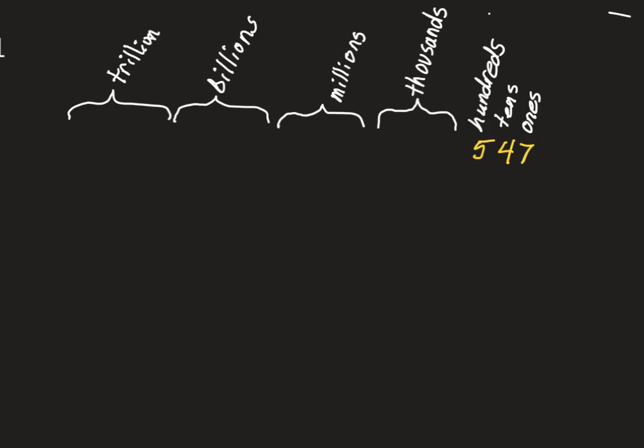Okay, and that's in the hundreds place, the tens for the 40, and the 7. That's when we just have 3 decimal places, the first 3 to the left of the decimal point, right there.